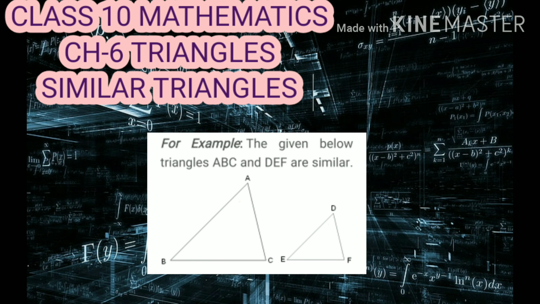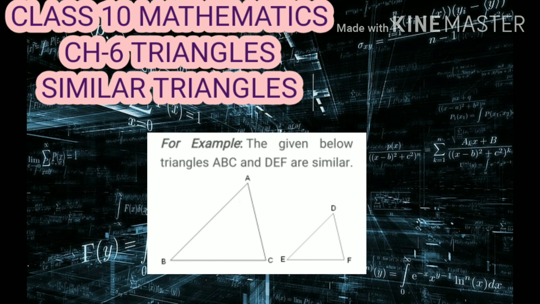Children, in this example you can see there are two triangles, triangle ABC and triangle DEF. In both the triangles corresponding angles are equal. That means angle A is equal to angle D, angle B is equal to angle E, and angle C is equal to angle F. And also their corresponding sides are proportional.